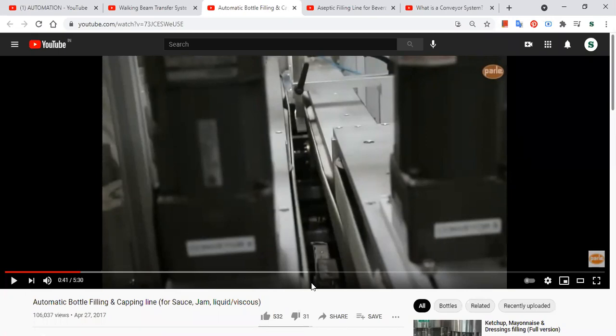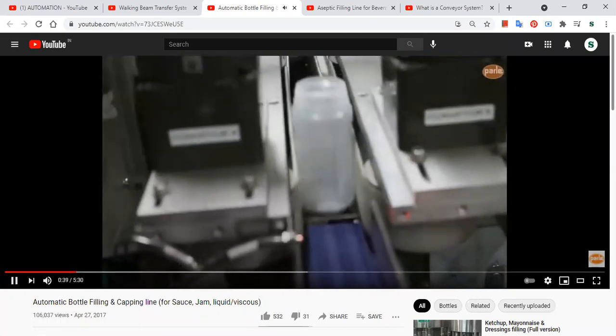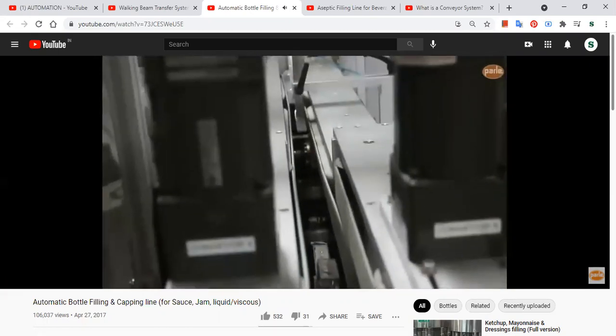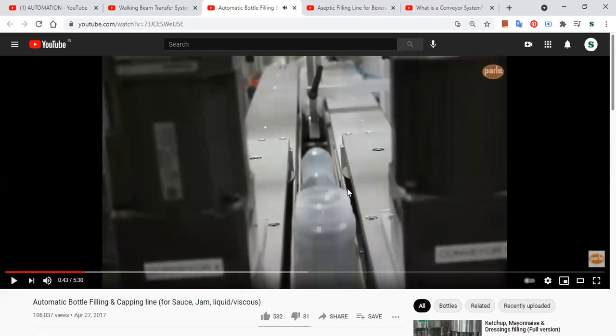Observe. So all these are before they come into that filling line: selector, orienter, and the first one was your part feeding, the starting point, that spring we saw, right?